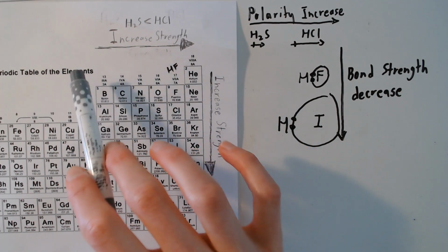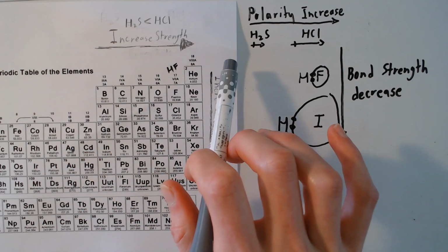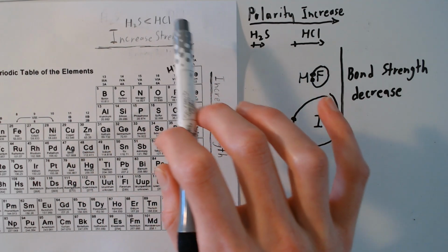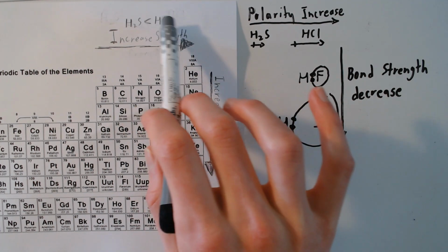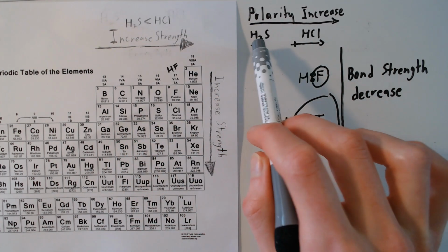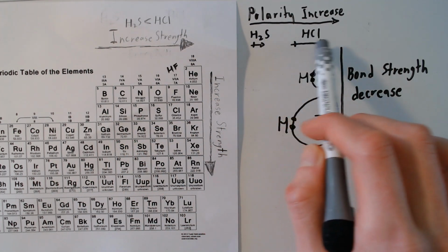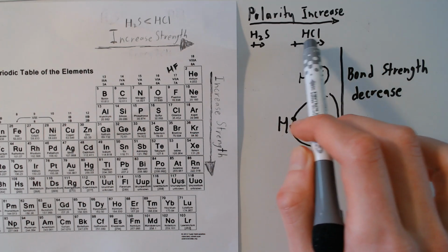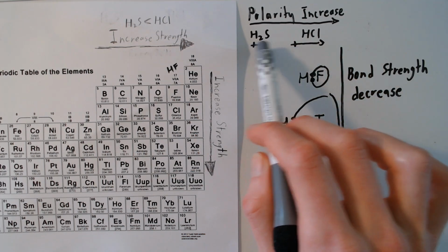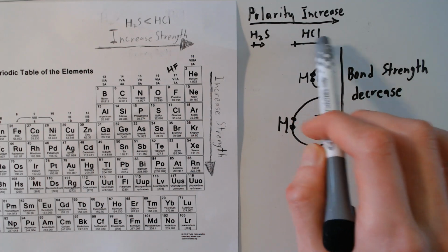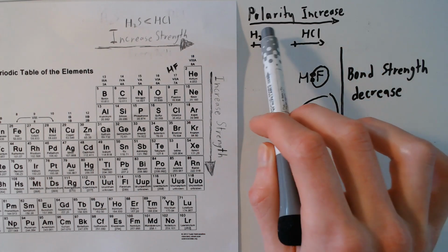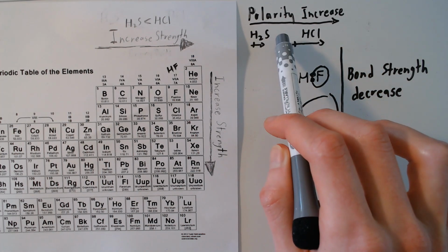of elements increases as we go to the right. And because of this increase, we see that, for example, we have H2S and HCl, and HCl is more to the right than H2S. The Cl in this HCl is more to the right than the S in H2S.